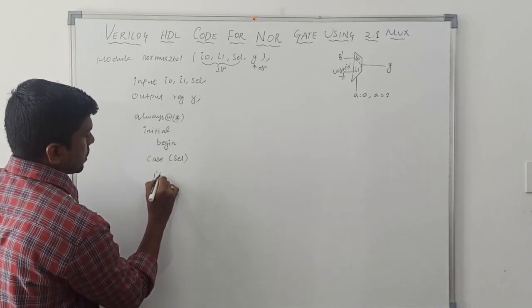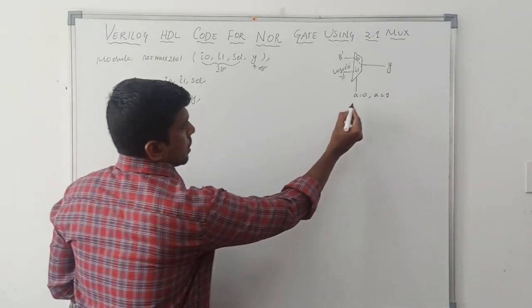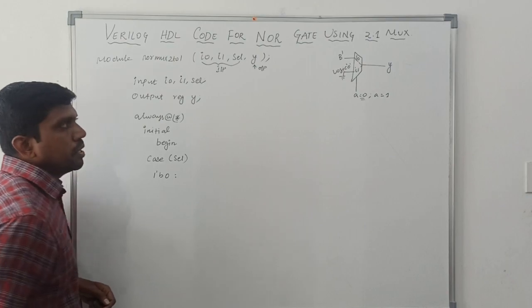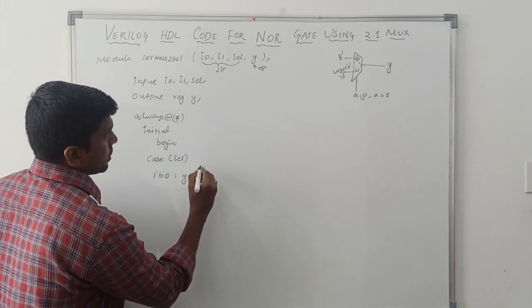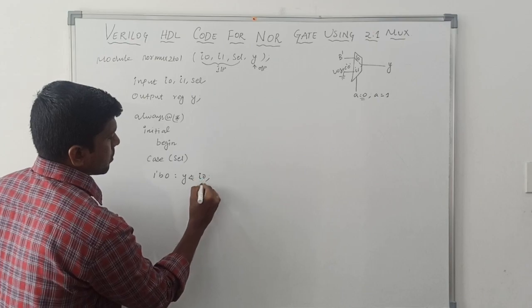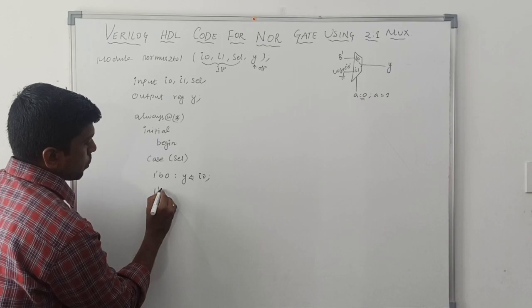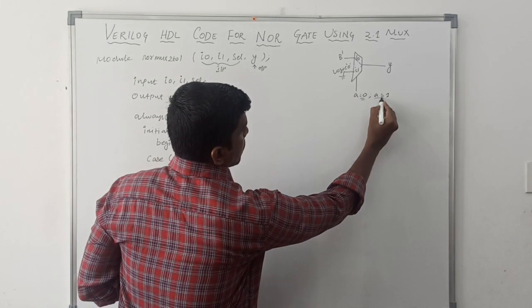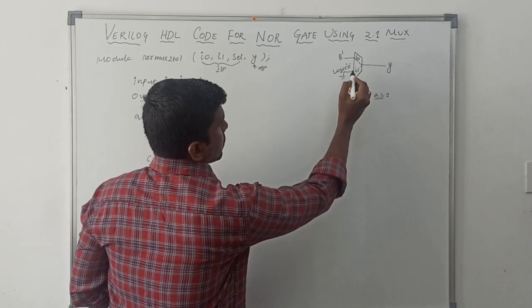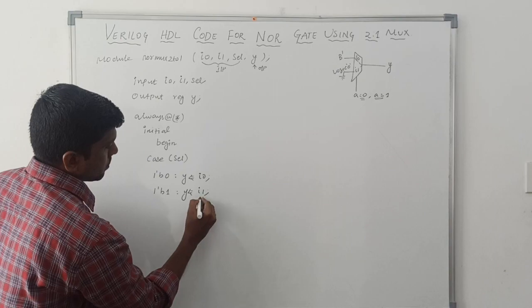First case 1'b0: initially the selection value is 0, so the output Y equals I0. Then second case 1'b1: the selection line value goes to 1, so in this case the output Y equals I1.